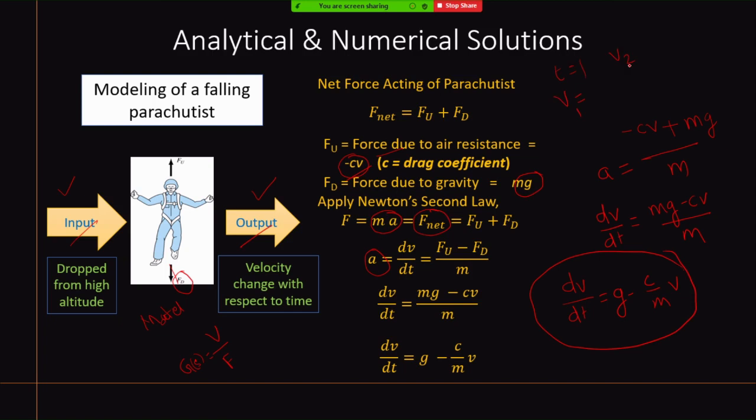The initial velocity is 0. It will go on increasing and somewhere reach a maximum, or may go straight also. We want to see what the maximum velocity is, whether it reaches infinity or something. That behavior you want to identify.